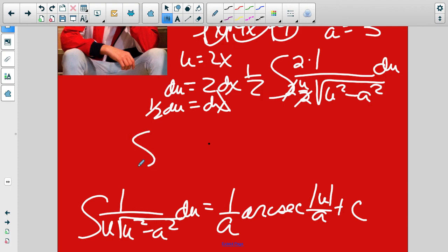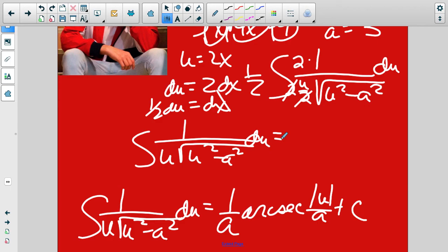So now I have the integral of 1 over u square root of u squared minus a squared du. And I'm glad for notes that I've written to myself. So I have 1 over a was 3, arc secant u over a plus c, and u was 2x.